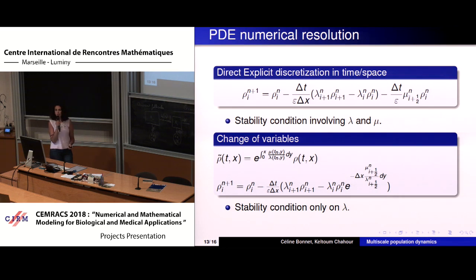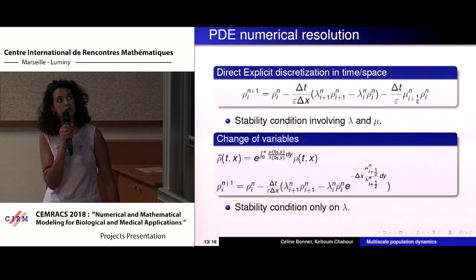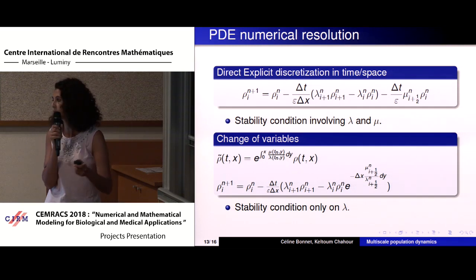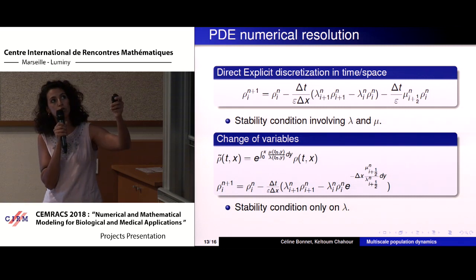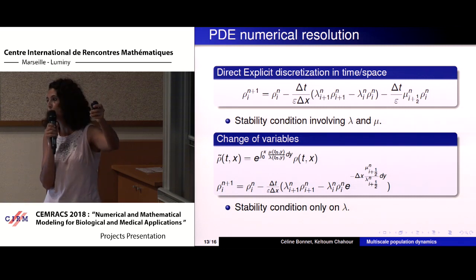The first scheme consists of an explicit discretization in time and space. It's a simple discretization of the PDE problem that gives us this expression for rho. Just to remark that this scheme involves a stability condition that includes both lambda and mu.